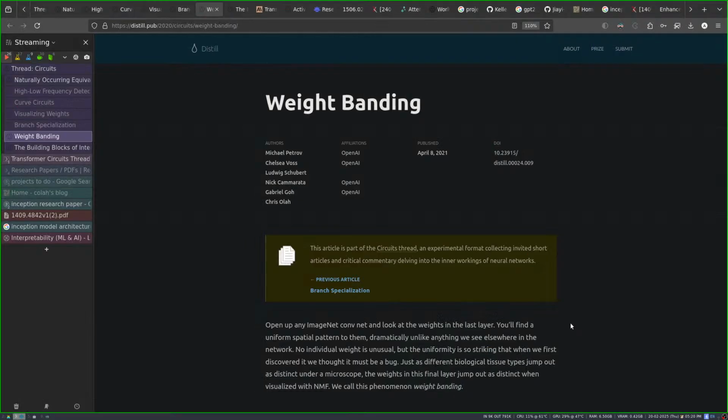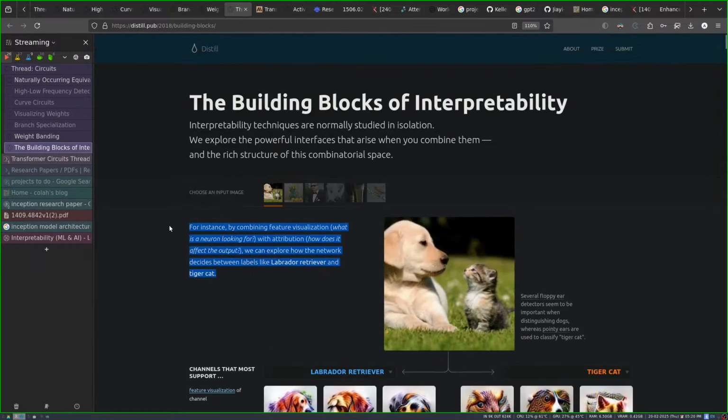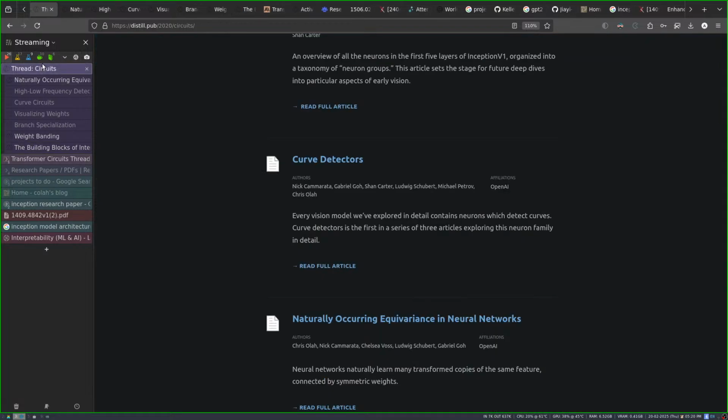Hello, all right. I've noticed something. This one, which I was trying to read, is not actually a part of the circuits thread.